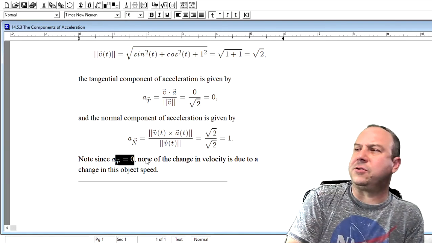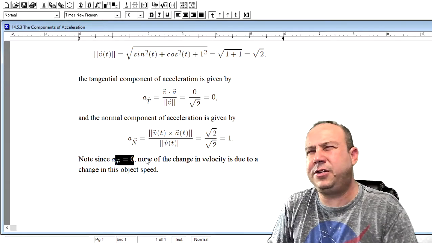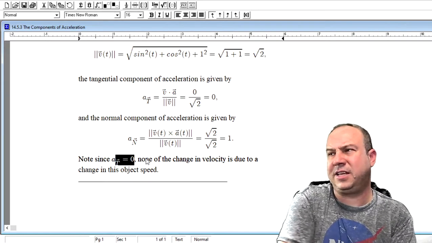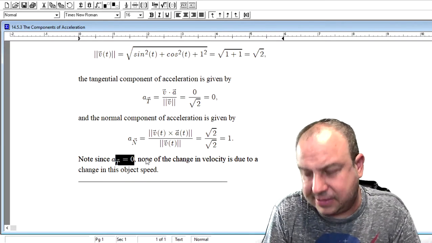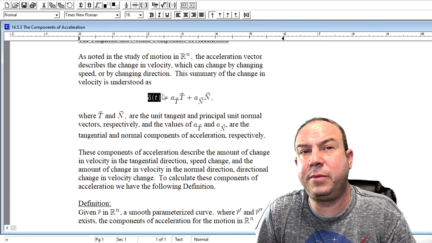So, having introduced the principal unit normal vector, we can go a little further into our understanding of acceleration, right? We can actually look at this summary of acceleration a little bit further.